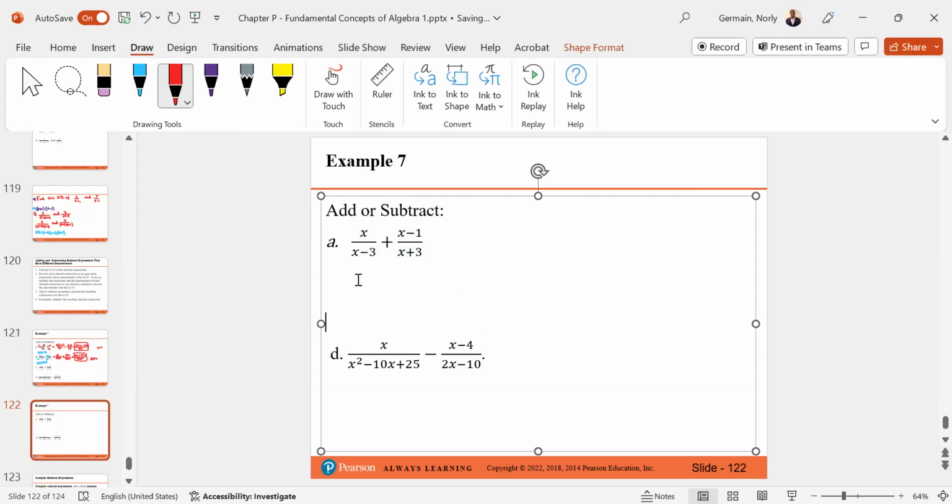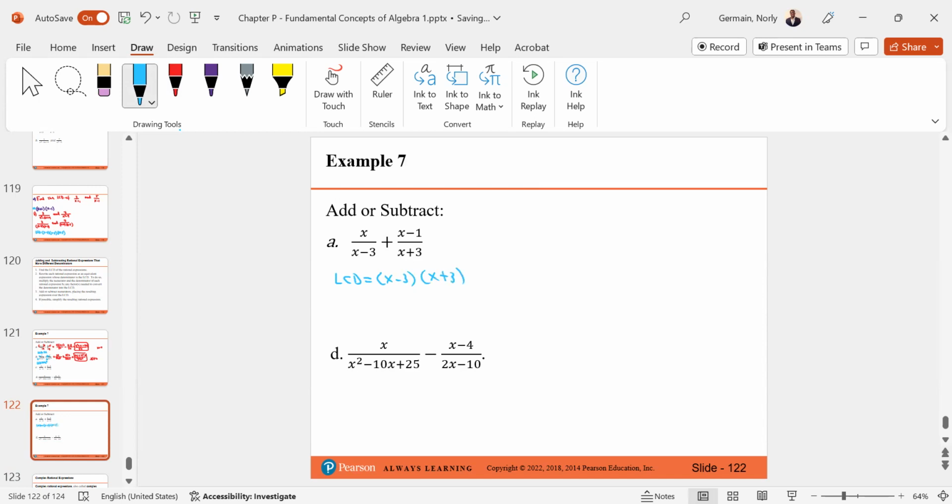Okay, the second one, the least common denominator here, as we said, the LCD, we take the first factor and multiply with the second factor. That's it. So that means in the first one, we need to multiply this one by x plus 3, and we multiply this one by x minus 3, and multiply the top one by x minus 2.